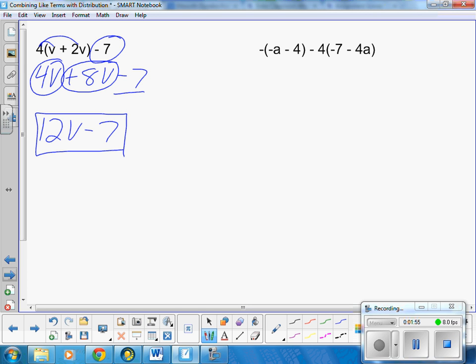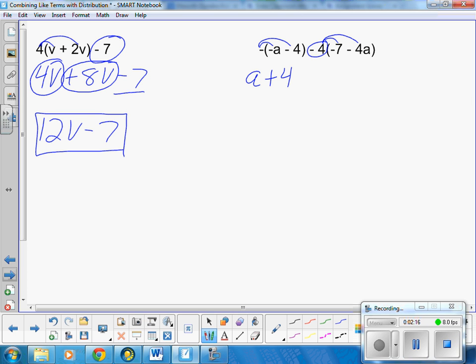On this next problem, okay, I have to distribute this negative to both, just like I did in the previous problem with the 4. So that's going to be a plus 4. I am going to distribute the negative 4 to both in here.